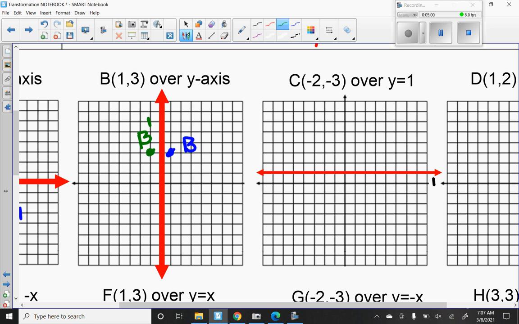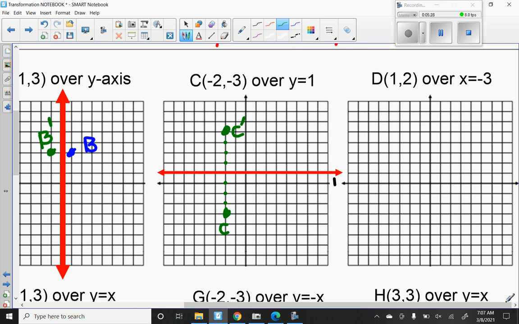I'm going to plot my point (-2, -3). There's my pre-image, C. And since this is 1, 2, 3, 4 away, I'm going to go the same distance in the same direction, up 4 away. 1, 2, 3, 4. And my new image with that little dash there. That's how we do it.